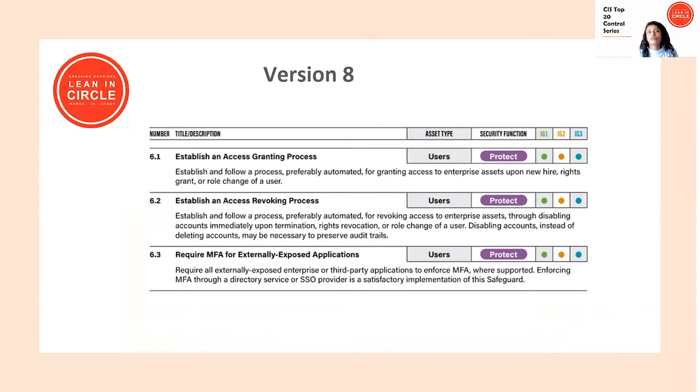Think of a scenario where you have a big organization and there could be multiple hires or multiple fires, or some people just resign, right? So you should be careful in granting the access or removing the access, right? So 1 and 2, let's talk about that, granting and revoking, right?